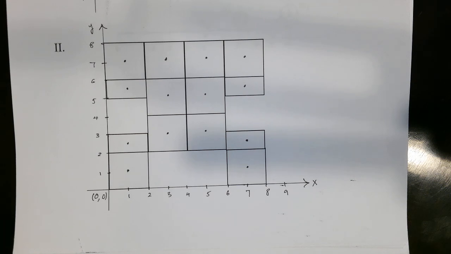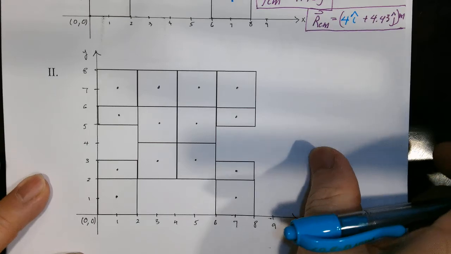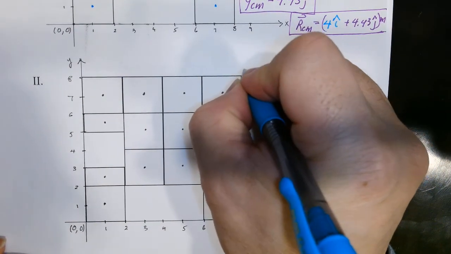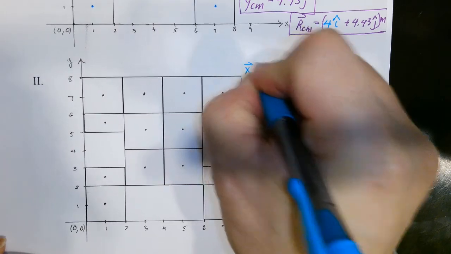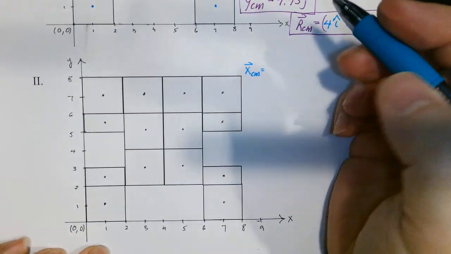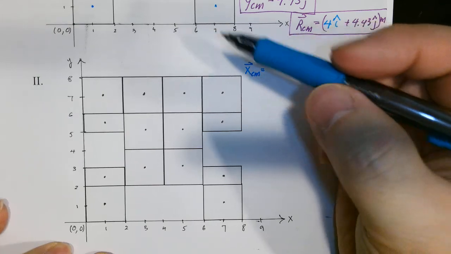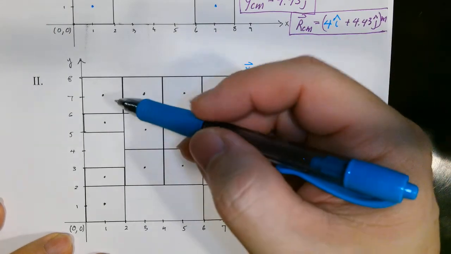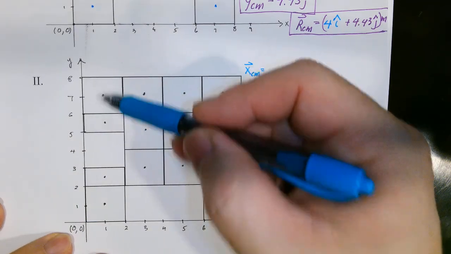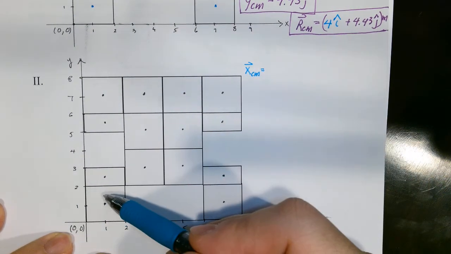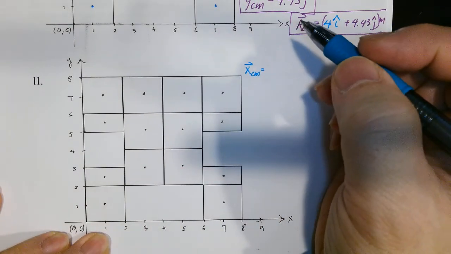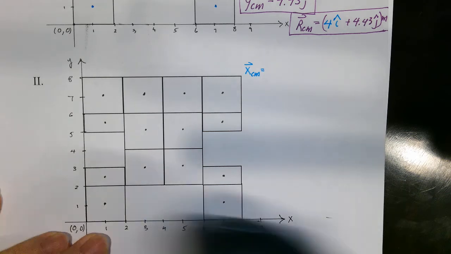All right, so let's take a look at the x first, which is the easier one, right? So x sub cm is equal to, here, it looks like 3 at 1.